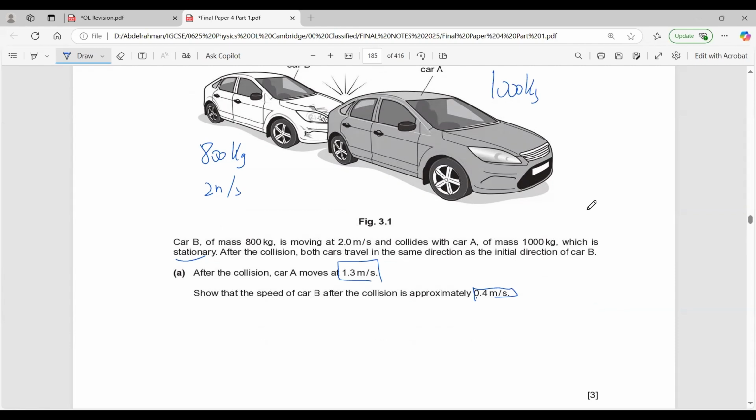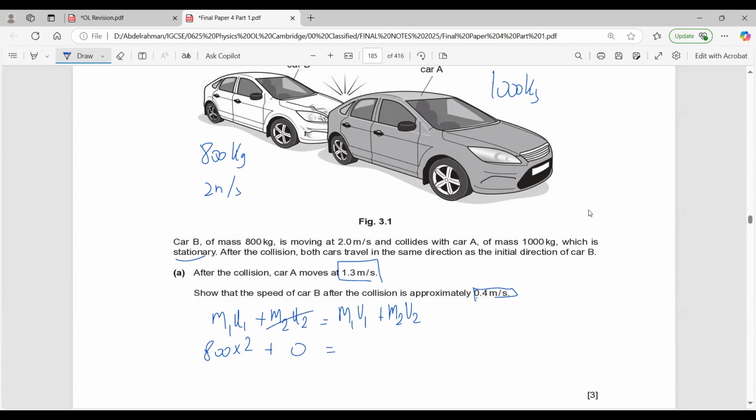Let's write down the equation. M1 U1 plus M2 U2 equals M1 V1 plus M2 V2. Let's say car B was mass 1. 800 times U1, which is 2, plus M2 U2, car A, which was at rest, so it's basically 0.